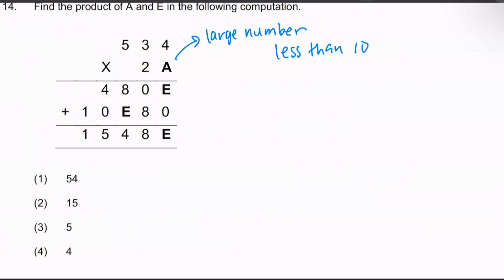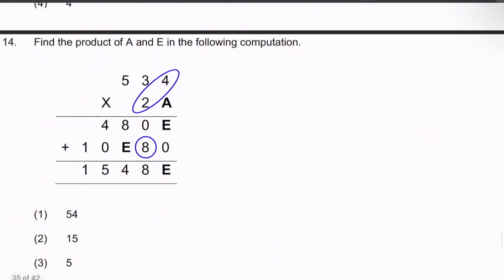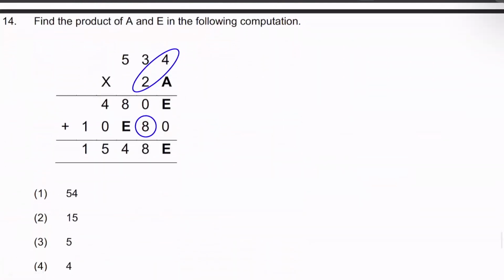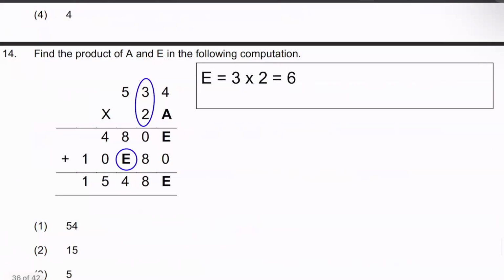Okay, so just now we saw something here, right? 2 times 4 is 8. So 2 times 3, can I assume that E is equal to 6? Okay, perhaps. Let's give it a try, shall we? So 2 times 4 is 8. And then E is equal to 3 times 2, which is equal to 6.